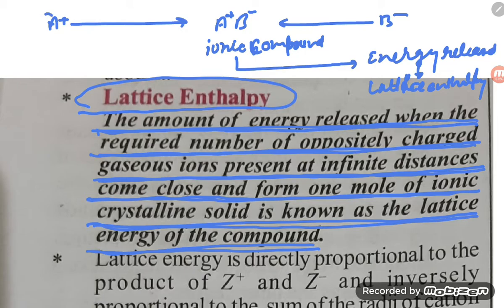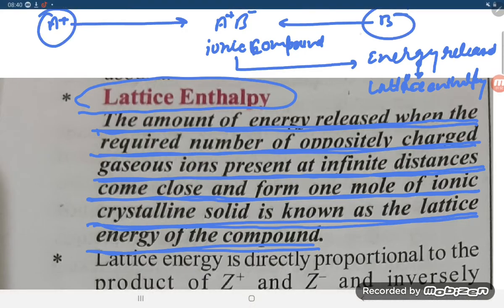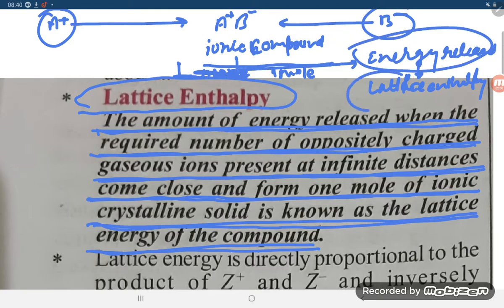So they are at infinite distance, coming close and forming 1 mole of ionic compound. If they form 1 mole of ionic compound, the energy that is released is known as lattice enthalpy.